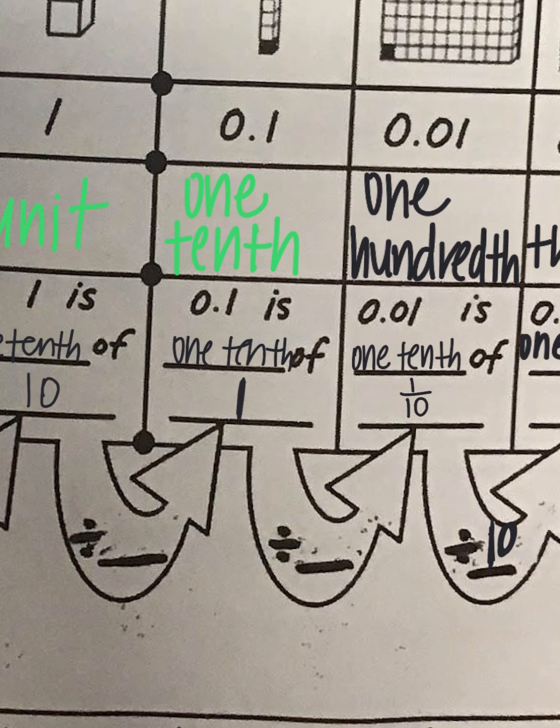Now I want to refocus our attention down here again where these arrows are. How do I get from 1 to 1/10? I divide by 10. To get from 1/10 to 100th, I divide by 10. To get from 100th to 1,000th, I divide by 10. So it's pretty much all 10. Yes. Every time you move one place to the right, you are dividing by 10.